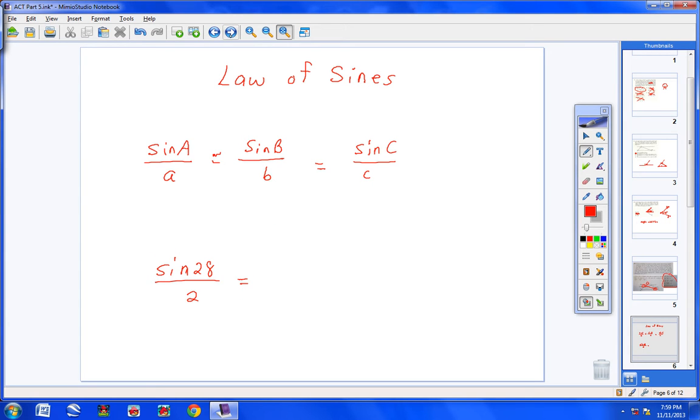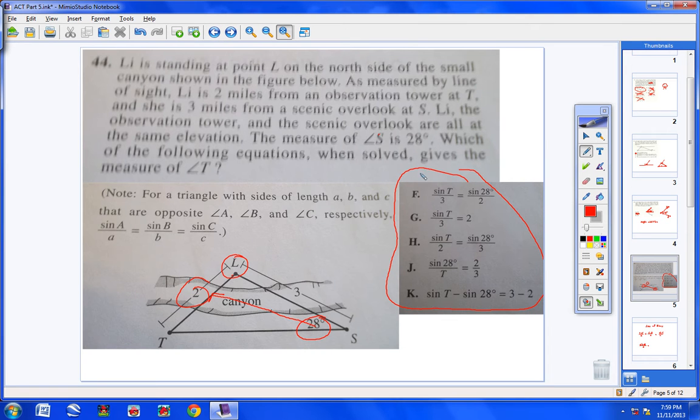And then you ask yourself, what am I solving for? I'm solving for the measure of angle T. So if I'm solving for the measure of angle T, this will be my unknown. Then that means I need to use, let me clear up some of this mess here. If I'm solving for angle T, then the side that goes with angle T would be the side directly across, which is a 3.